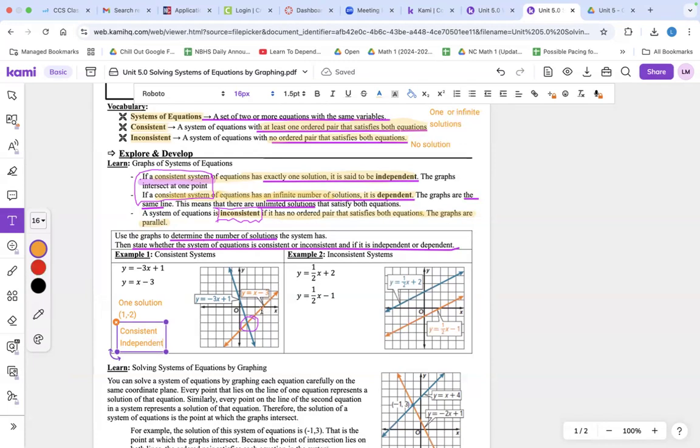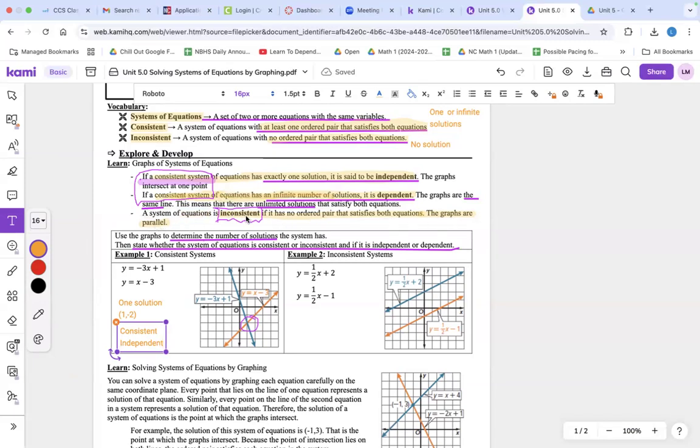Okay, next, let's look at example number 2. And if I'm going too fast, you stop this and slow it down or pause and think it through. All right, here we have parallel lines. Okay, come on. Which one told us about parallel lines? This one right here. So it says inconsistent has parallel lines.